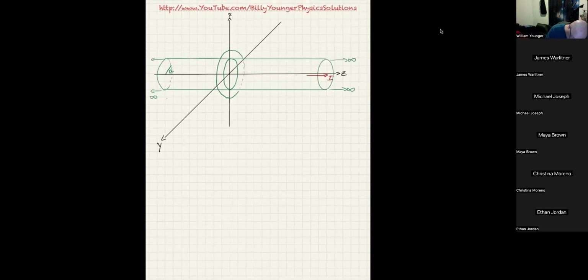It's like the inside of a cylindrical shell, if you will, and that cylindrical shell has a radius B. Now, it also has, of course, an outer part. Let's see, this is a circle.